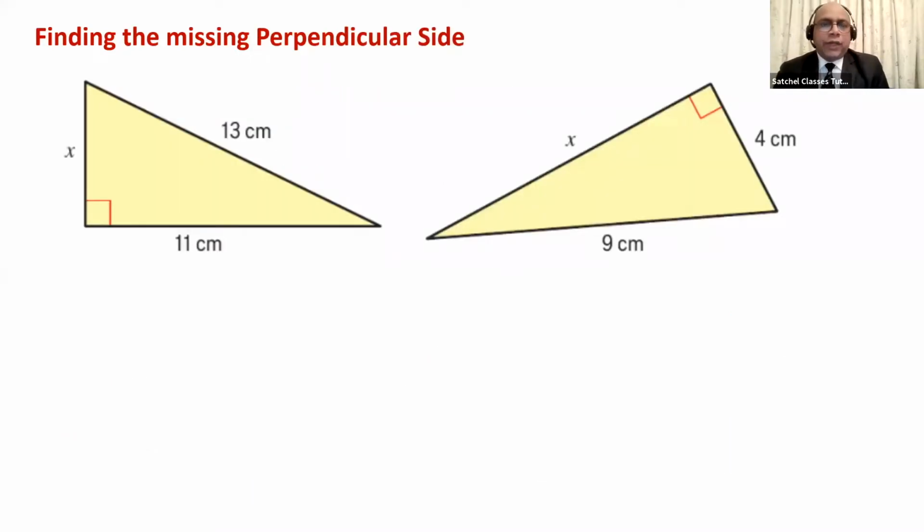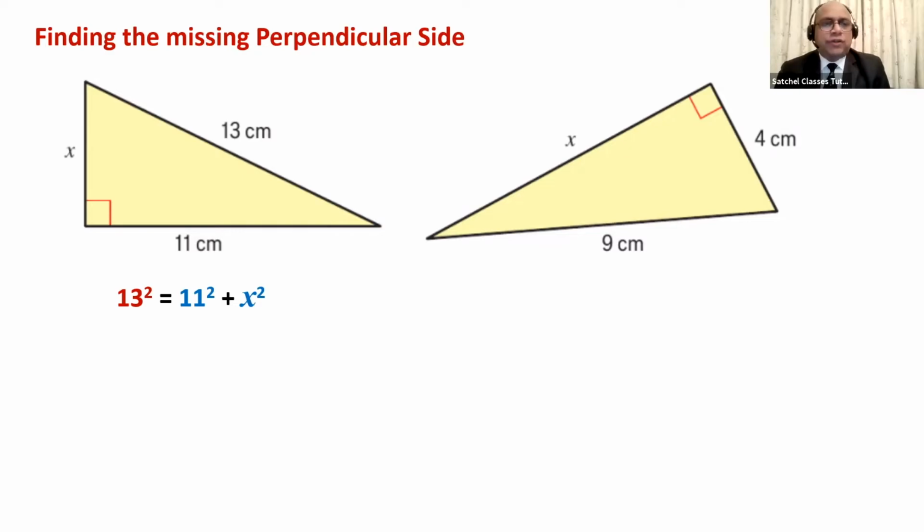Well, now how can we use the Pythagoras theorem to find one of the perpendicular sides which is missing? So given the hypotenuse, how do we find the length of one of the perpendicular sides? We'll apply the Pythagoras theorem as normal. If I square each of the perpendicular sides and add them, I should get the square of the hypotenuse. In this case, the hypotenuse is 13.